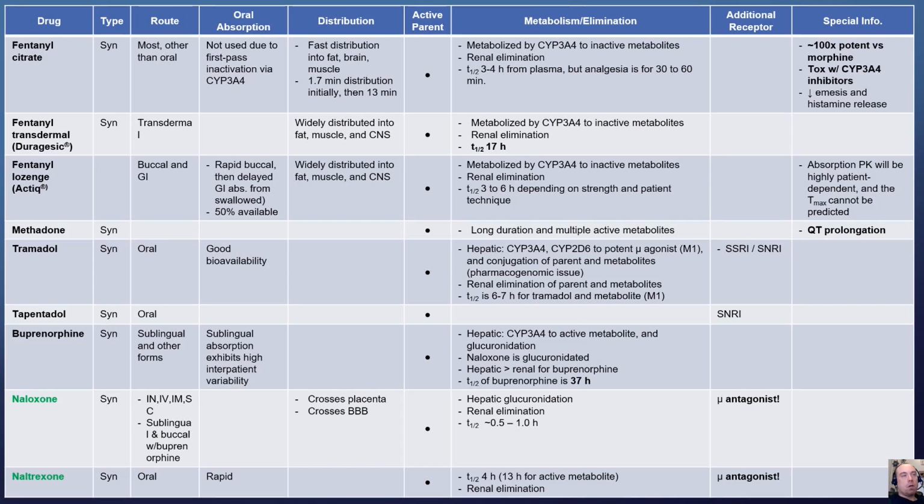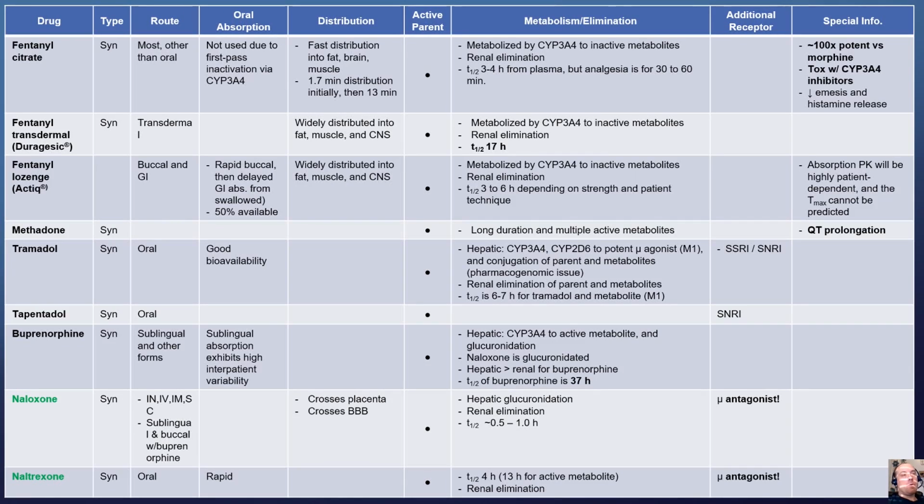So you reach a plateau effect, which is nice because there's a lower risk of respiratory depression when buprenorphine is taken at too high of a concentration or amount. The warning is still in the package insert for respiratory depression, but there's definitely evidence of that ceiling effect, or plateau effect, so you don't have nearly as much of a risk as you do with the full agonist opioids. And buprenorphine has a very long half-life.